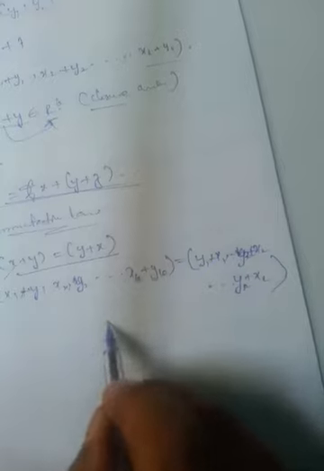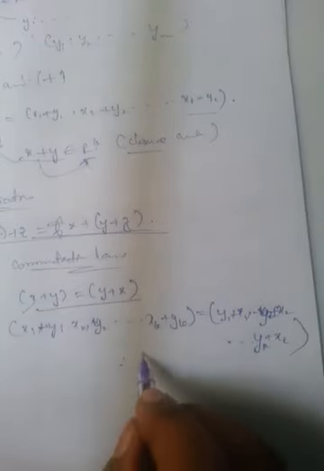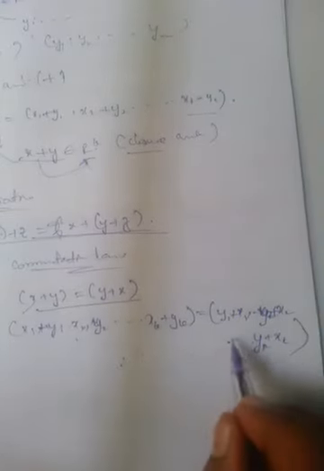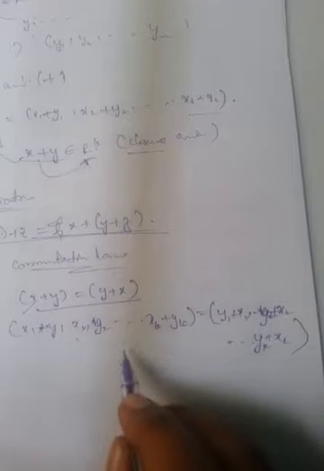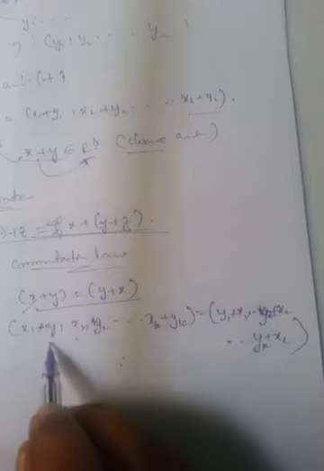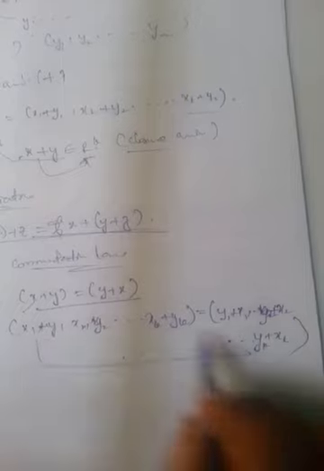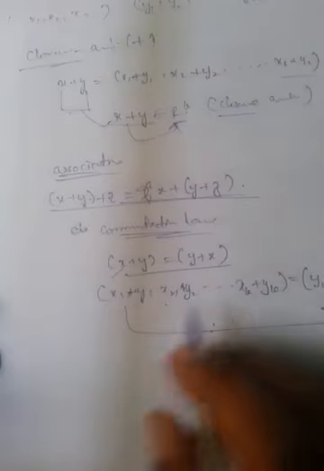Since we already know that addition holds the commutative property, we get that this vector addition also holds the commutative law.